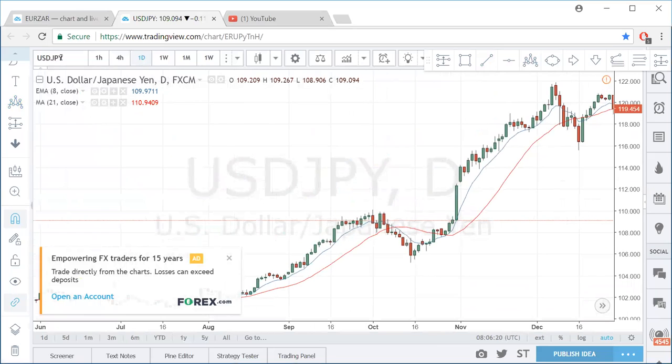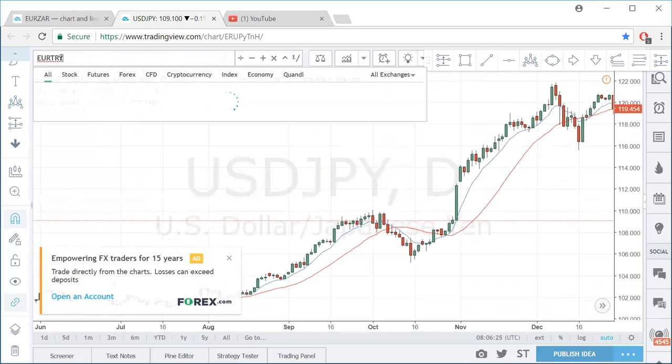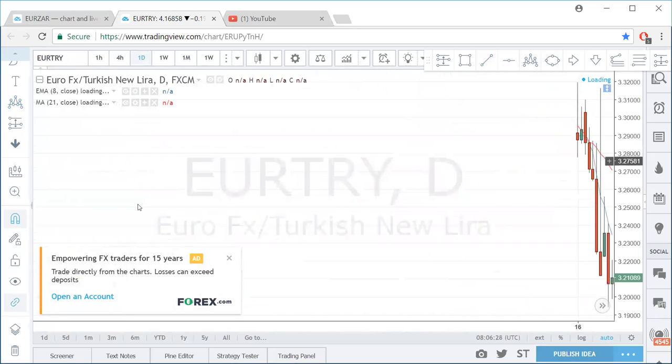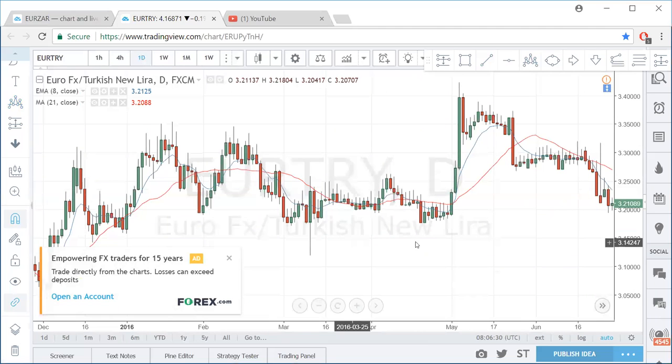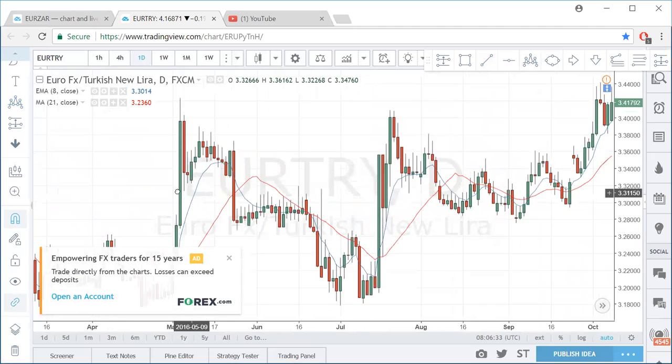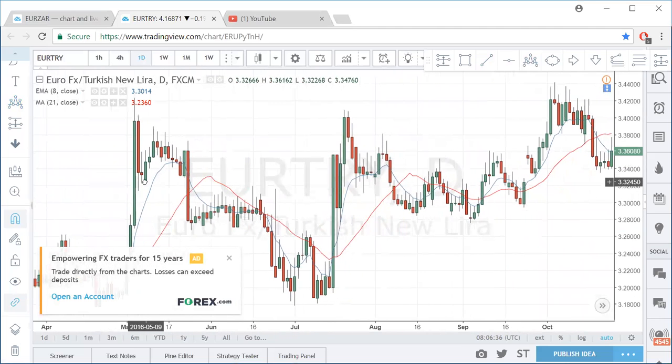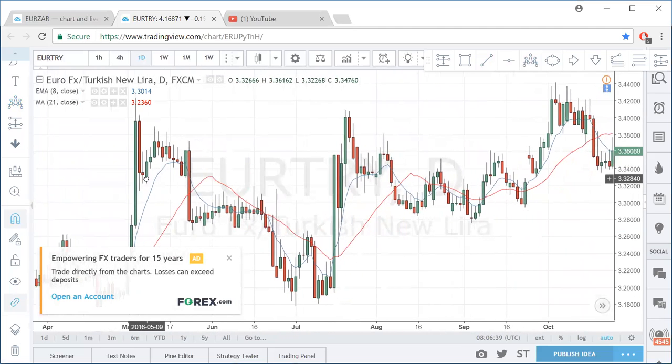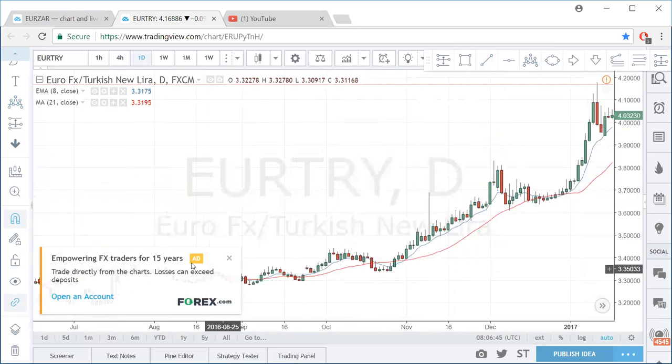Let's try one last pair. If I can't, I'll continue with the explanation. Euro try. Okay, I still can't find anything, but let's continue with the explanation, right?